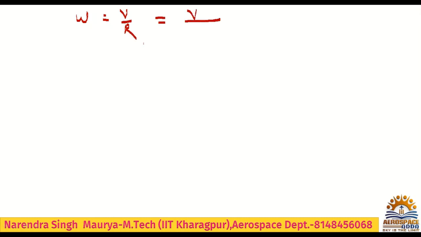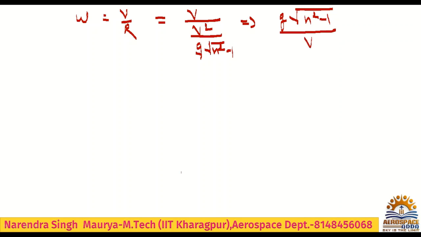V divided by v square over g root of n square minus 1. To solve it, omega is g root of n square minus 1 divided by v. This is equation number 2.